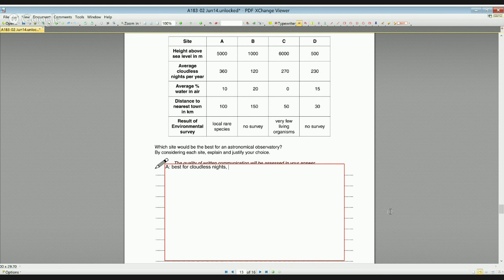It's high up, which is helpful for a telescope. It has low humidity. And is far from towns, although there are rare species nearby.